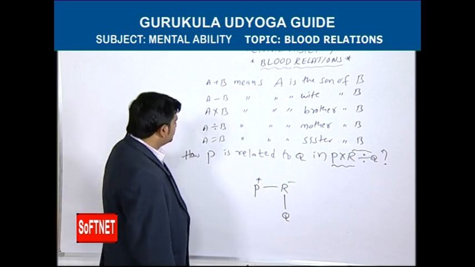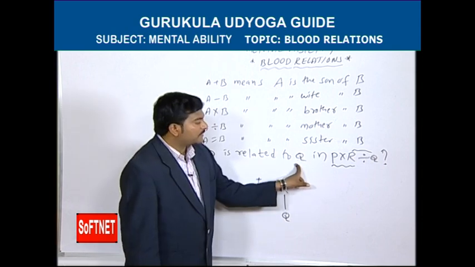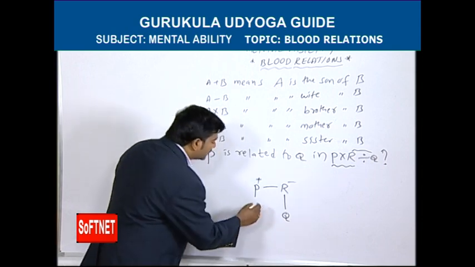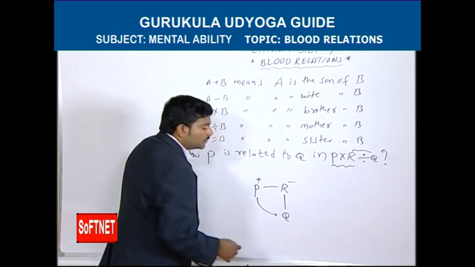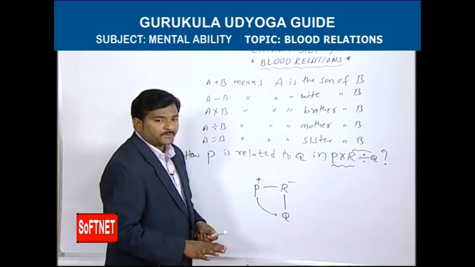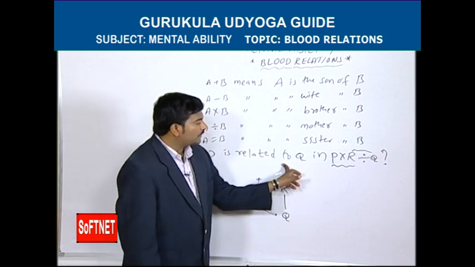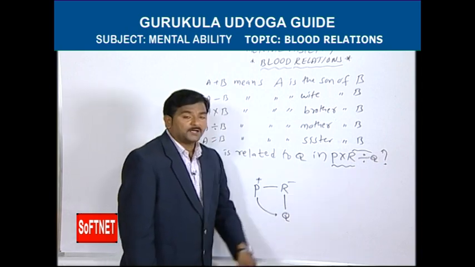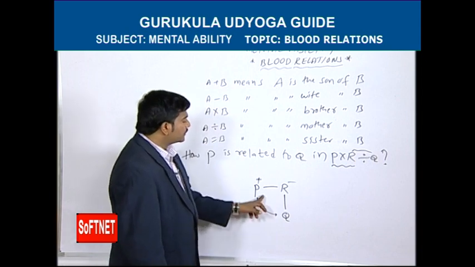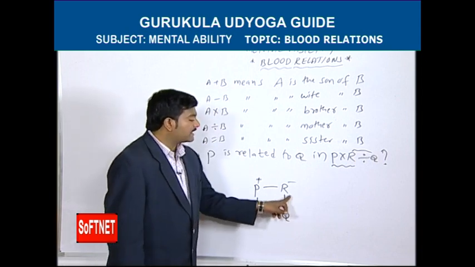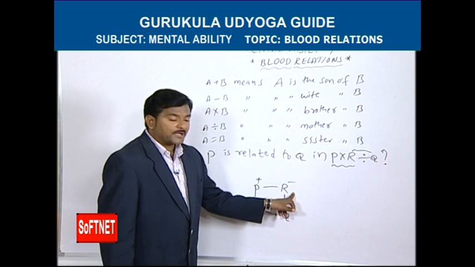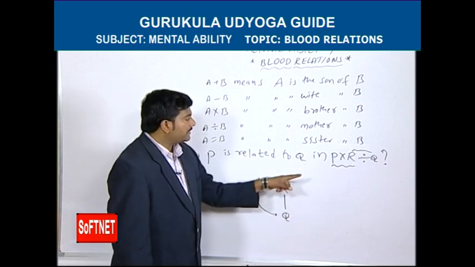Now what is the question? How is P related to Q? It's a very important, simple logic. How is P related to Q in P into R divided by Q? P into R means P is the brother of R, male, and divided by means mother.